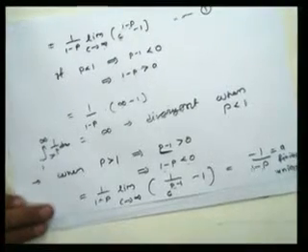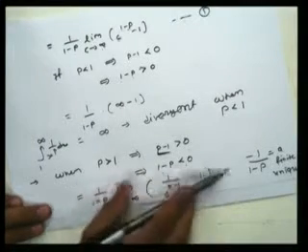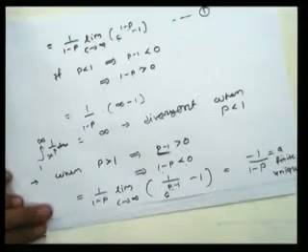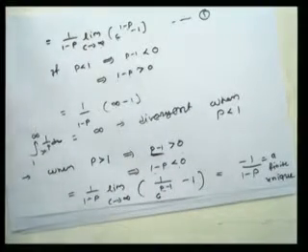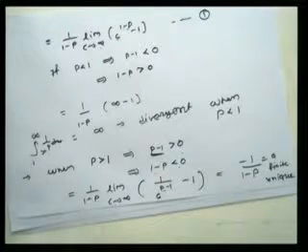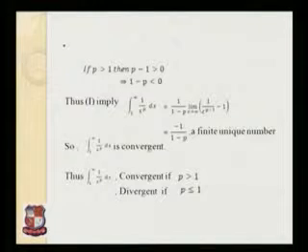So the integral is convergent for the case p greater than 1. Finally we come to the conclusion that if p is greater than 1, then the integral is convergent, and if p is less than or equal to 1, then the integral is divergent.